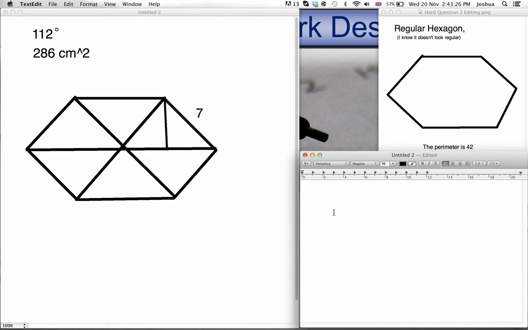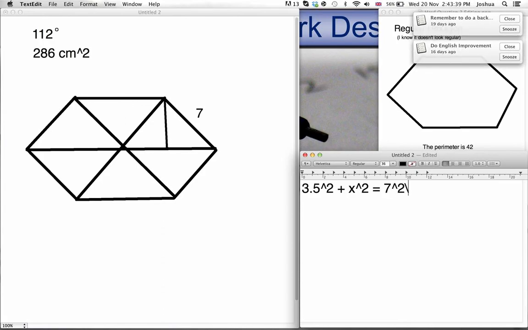So we know that 3.5 squared plus x squared is going to equal 7 squared. Now, this is not going to round off easily, so just bear with me. 3.5 squared is equal to 12.25. 12.25 plus x squared equals 49.